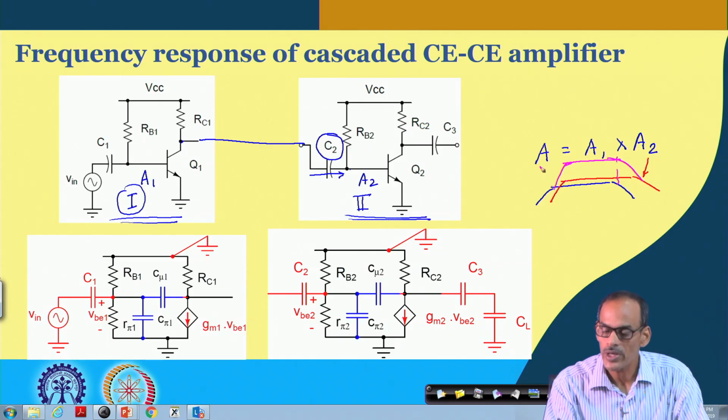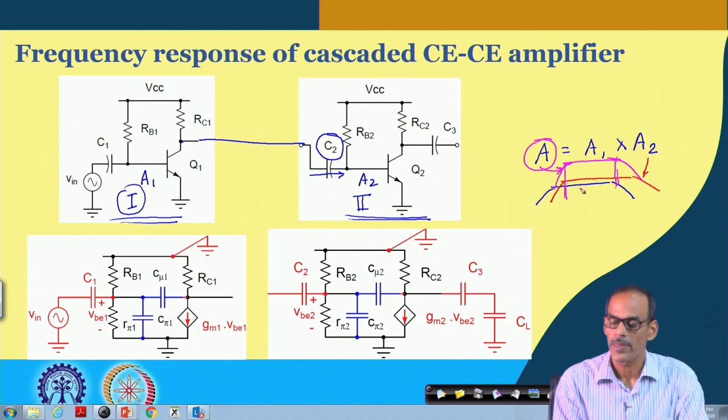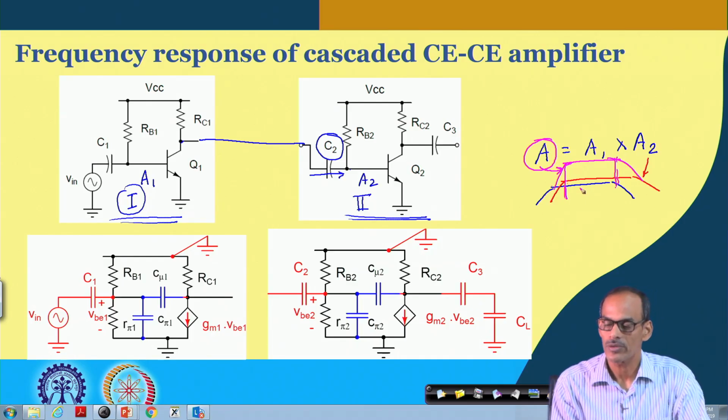So, this is what we are expecting. The overall gain A should be higher, and the lower and upper cutoff frequencies may be decided by whichever is minimum or maximum out of the individual cutoff frequencies.